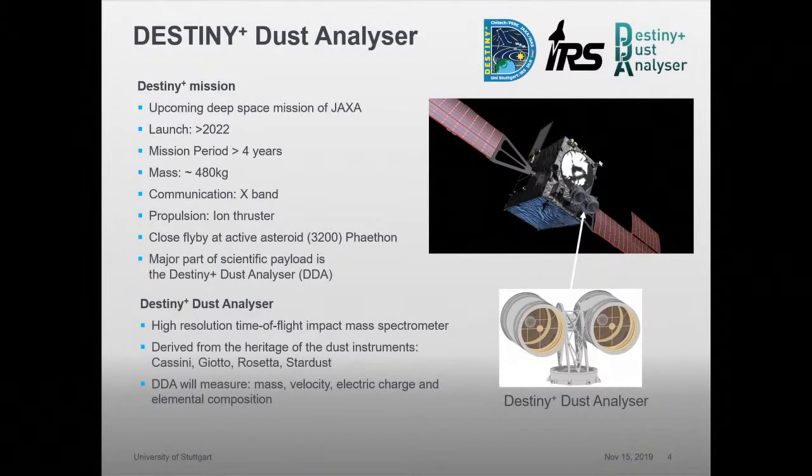And the instrument is derived from the heritage of other dust instruments, like the dust instruments on Cassini, Giotto, Rosetta, and Stardust. And DDA, the short term for Destiny Dust Analyzer, will measure mass, velocity, electric charge, and elemental composition.